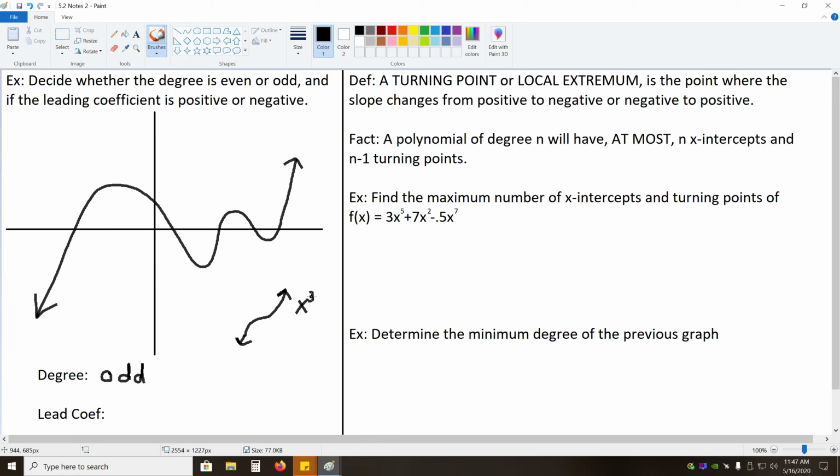So in this case, what does that tell us? Well, it tells us we must be dealing with a positive leading coefficient because it has the same starting and ending arrows as the graph of a positive leading coefficient with x cubed. So our degree must be odd and the leading coefficient must be positive.